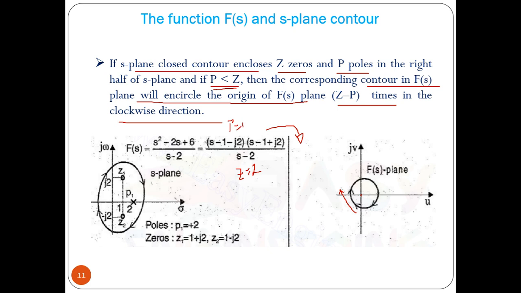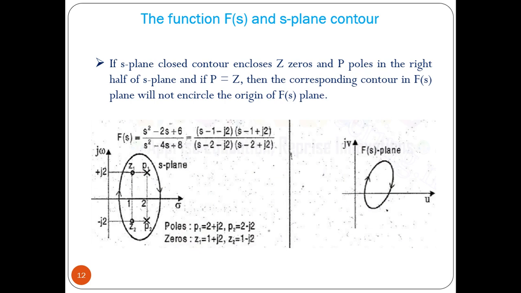So if P is greater than Z, then anti-clockwise direction. If P is less than Z, then clockwise direction, and the number of encirclements should be P minus Z or Z minus P if we have both pole and zero in the right half of S plane. This is the basic concept.